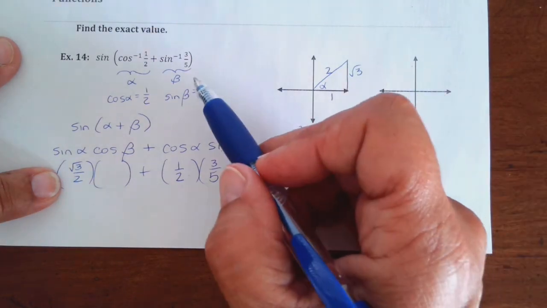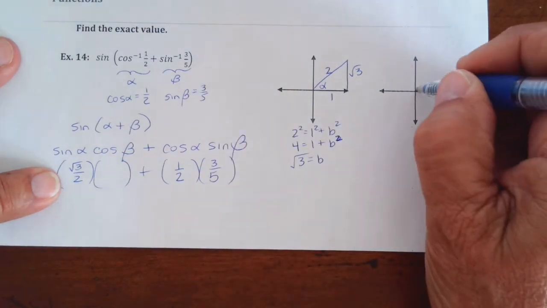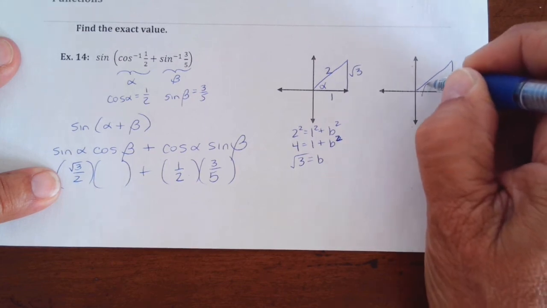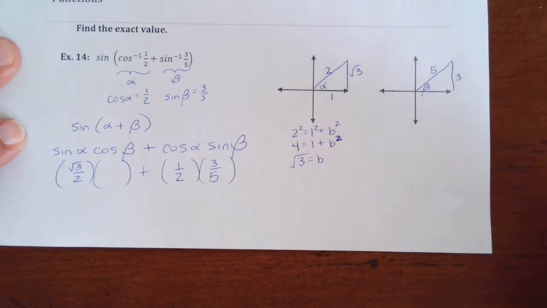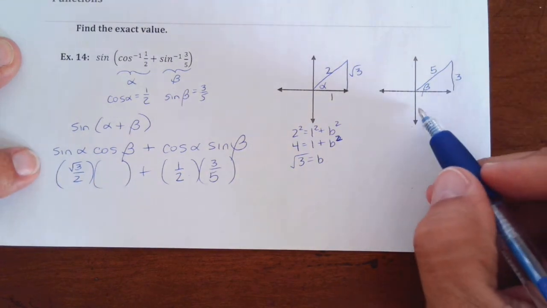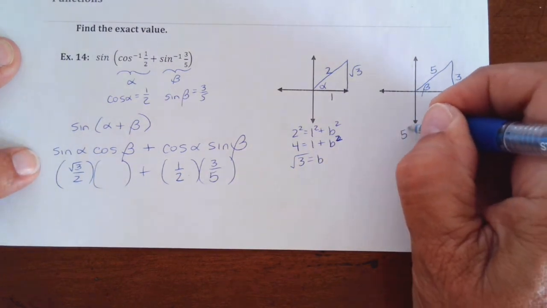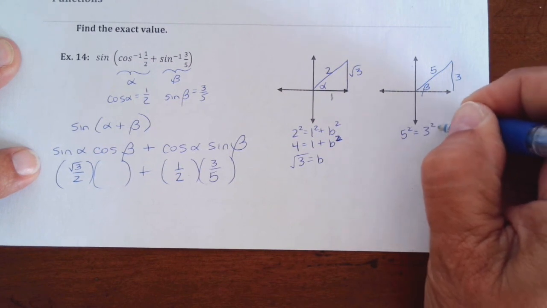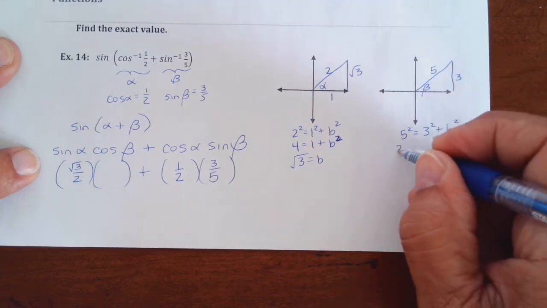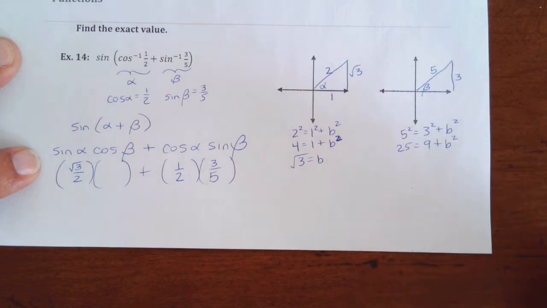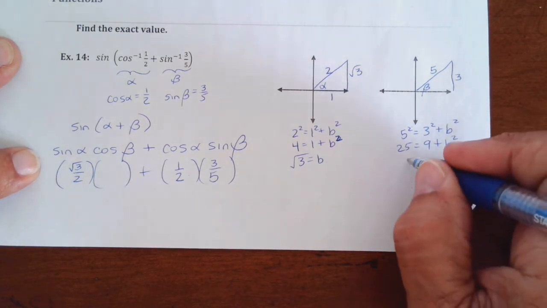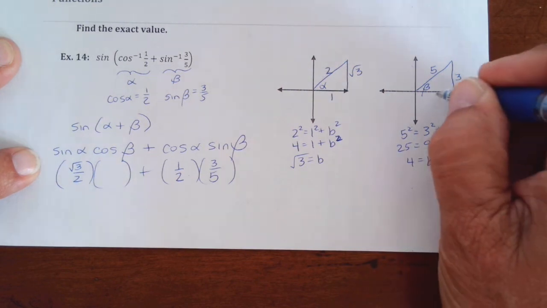Then let's do beta. That's a positive inverse, so that's also in the first quadrant. So beta, the sine is 3/5, opposite over hypotenuse. If you do the Pythagorean Theorem, 5 squared equals 3 squared plus b squared, so we end up with 25 and 9. Subtract that over, we get 16, so the square root of 16 is 4.